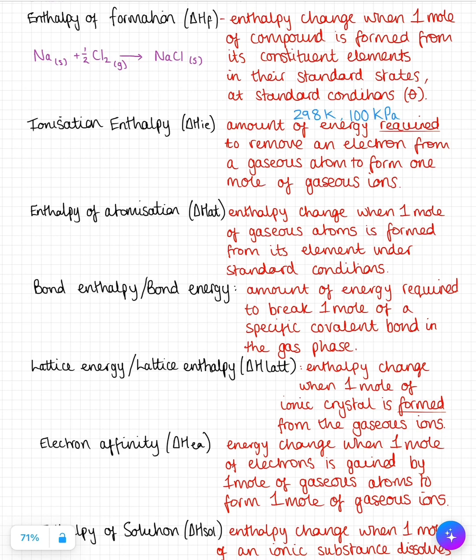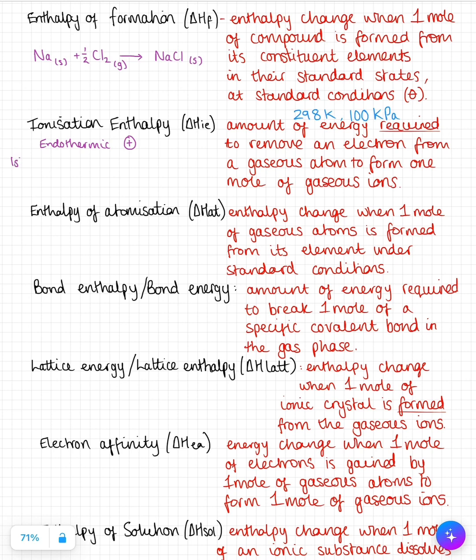Because energy is required to remove an electron, to overcome the attraction between the electron and the nucleus, the process is always endothermic. It requires energy for it to happen, so we always expect the ionization enthalpy to be a positive value.